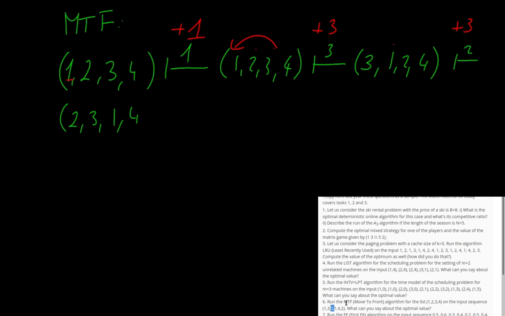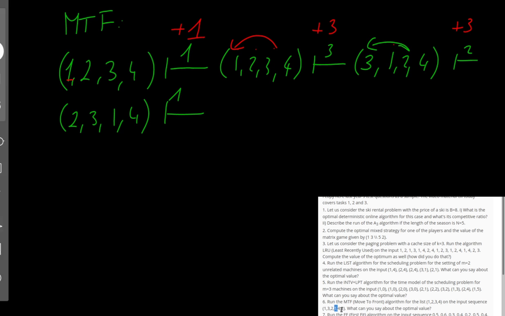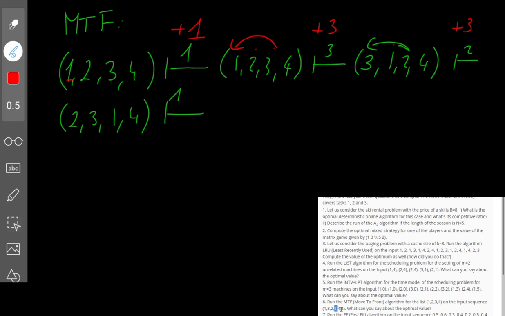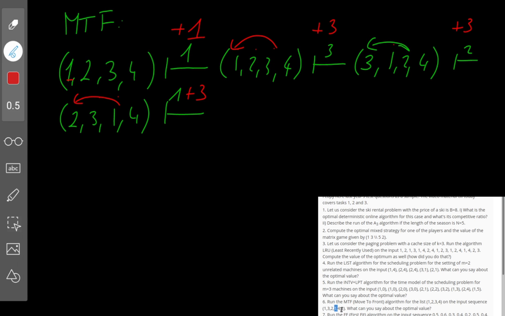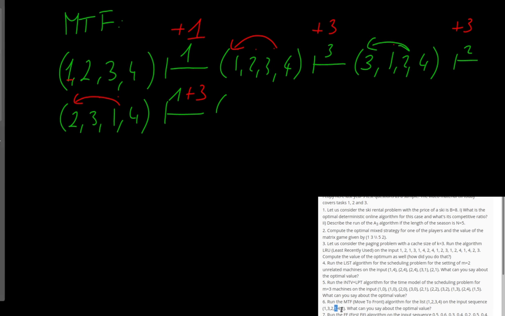Next, 1 is accessed. Now 1 being accessed is not necessarily bad news, and not necessarily good news either, because plus 3, 1, 2, 3 is the third element, and of course I'm moving this guy to the front of the list, and I will get back the initial list 1, 2, 3, and 4.